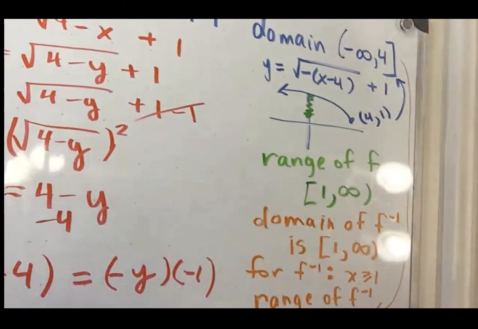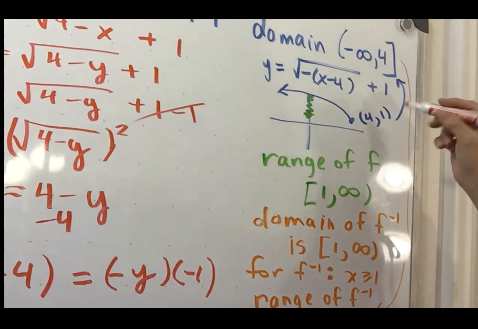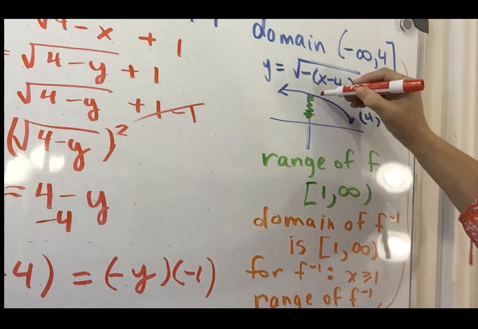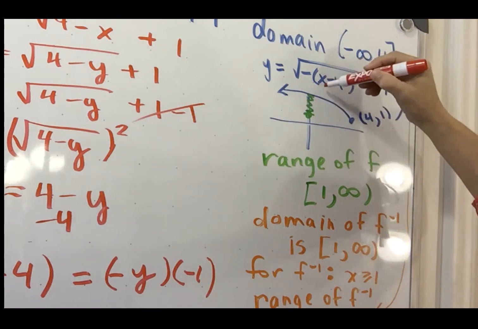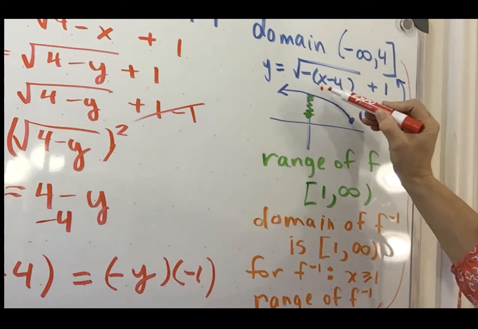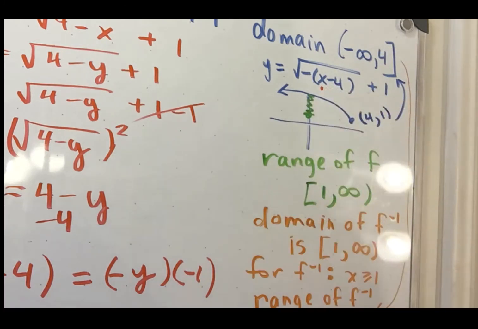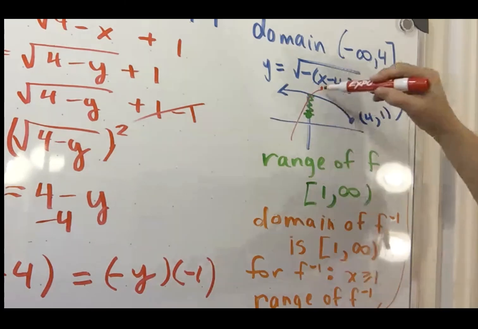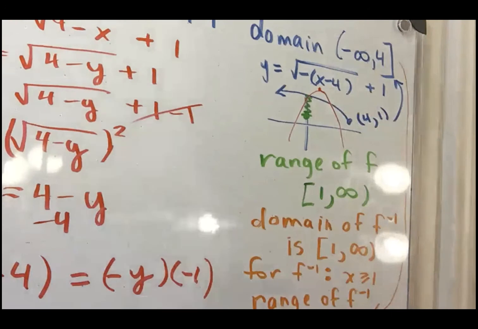Negative (x minus 1) quantity squared means my vertex was at (1, 4), and my parabola is opening down. So if I plug 0 in, I get 0. So I have a parabola like that.